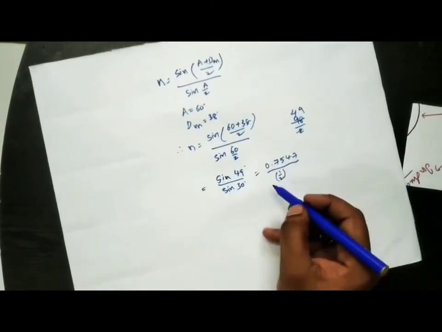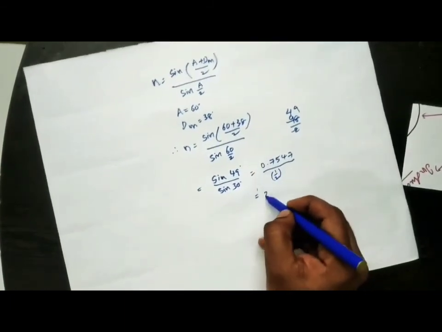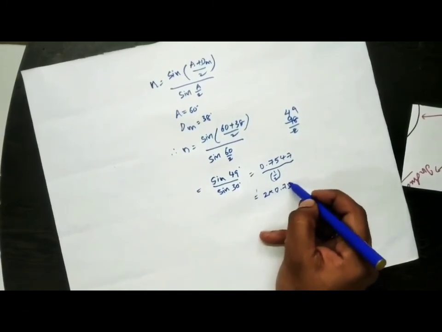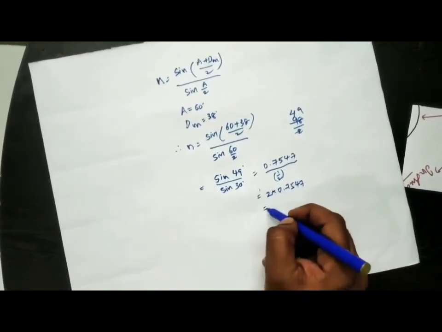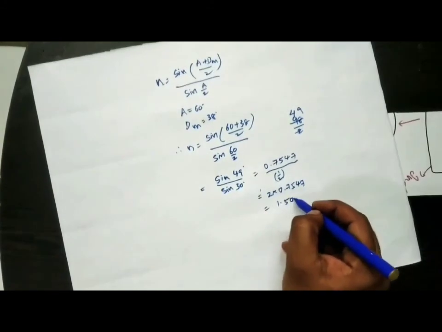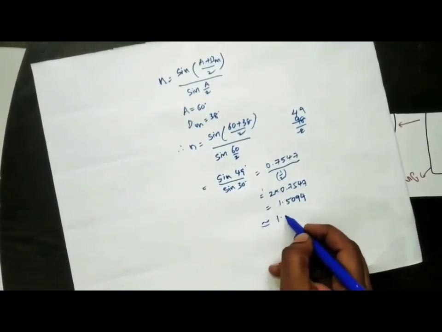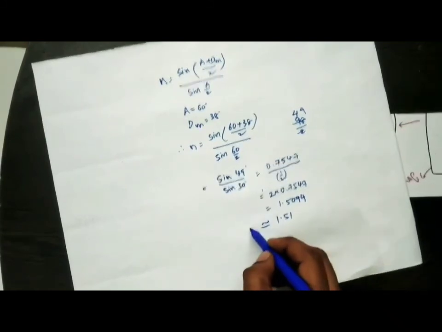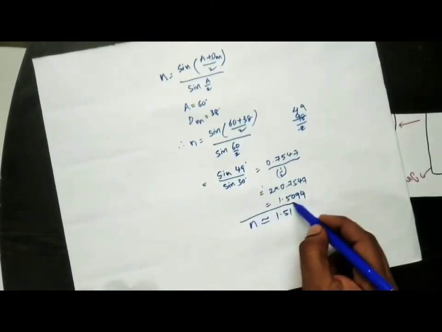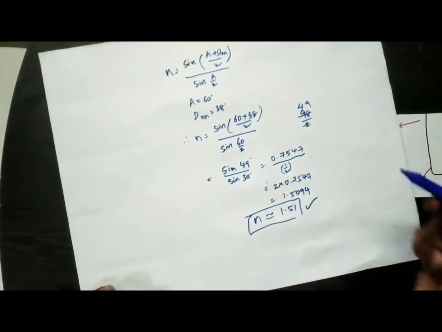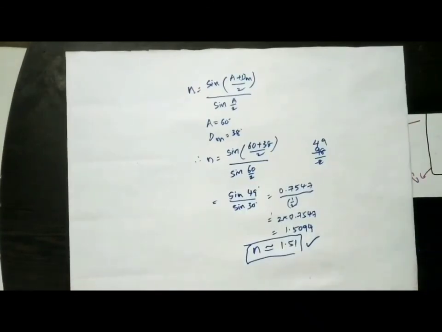So the 2 comes to the numerator, 2 into 0.7547. On multiplication we will get the value 1.5094, approximately 1.51. So usually glass has the same refractive index, 1.51. This is the way to find out the refractive index. Thank you for watching.